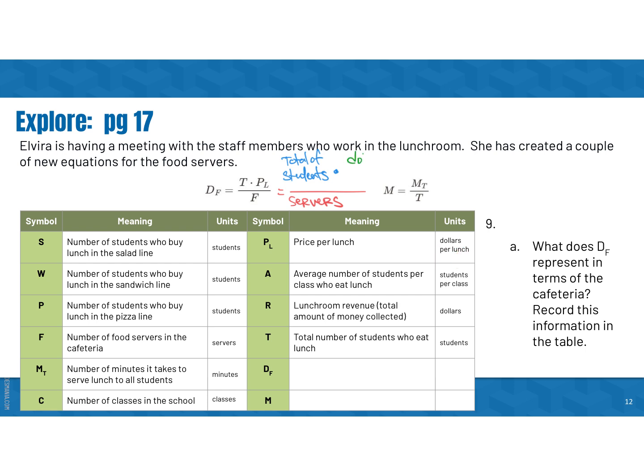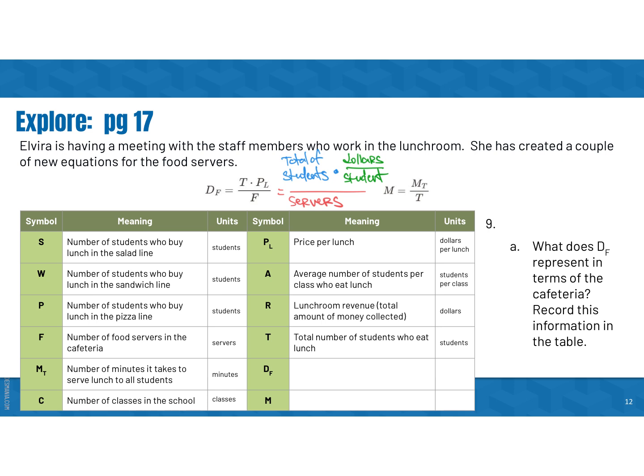Or actually, it's dollars per student, that's a little bit better. So we have the total number of students multiplied by dollars per student.